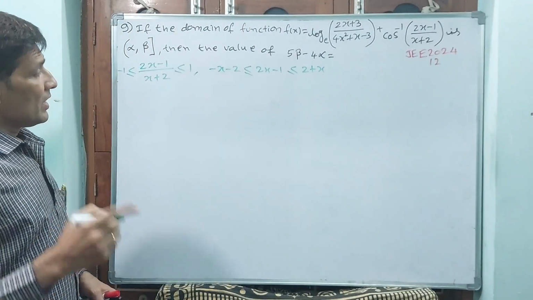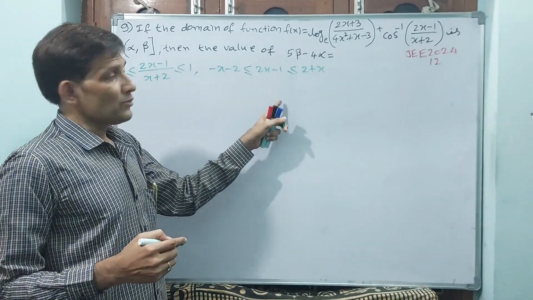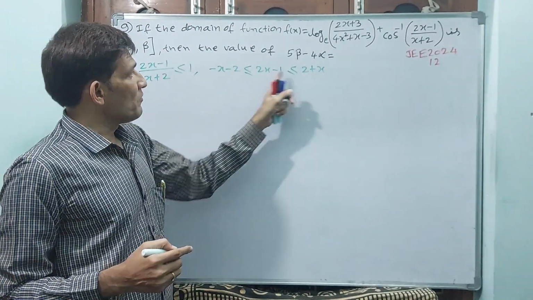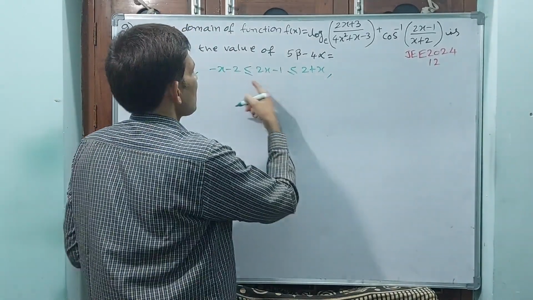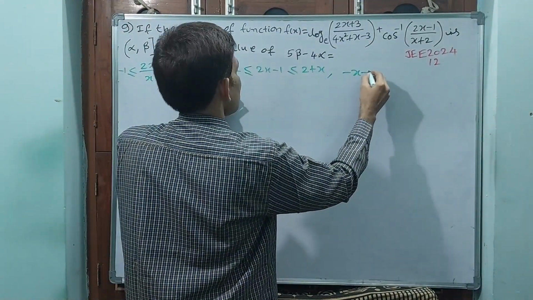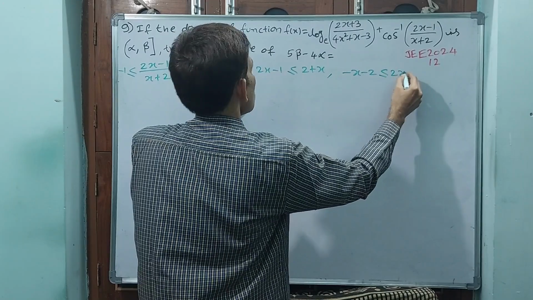Now, at one go we cannot do this. First we will do these two, then the other two, and find separate intervals. Minus x minus 2 is less than or equal to 2x minus 1.